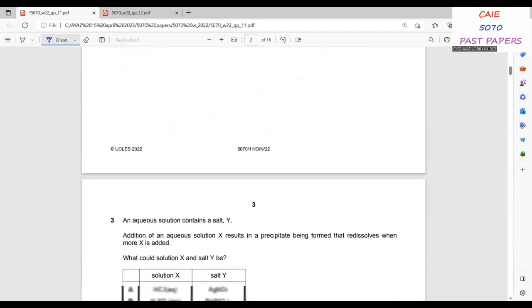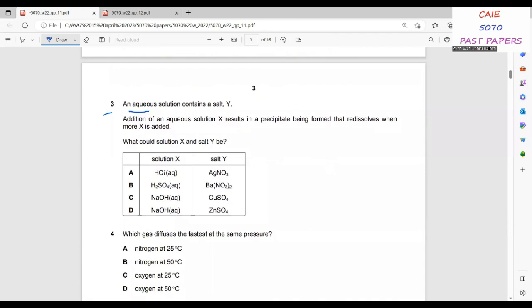Number 3. An aqueous solution contains a salt Y. Addition of an aqueous solution X results in a precipitate being formed that redissolves when more X is added. What could solution X and salt Y be? If solution X is HCl and the salt is Y, what will happen?